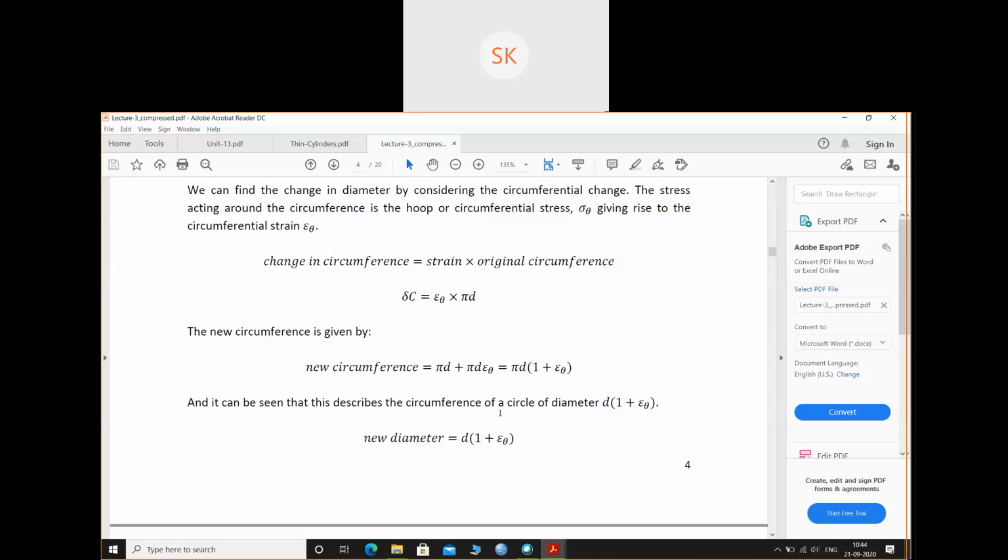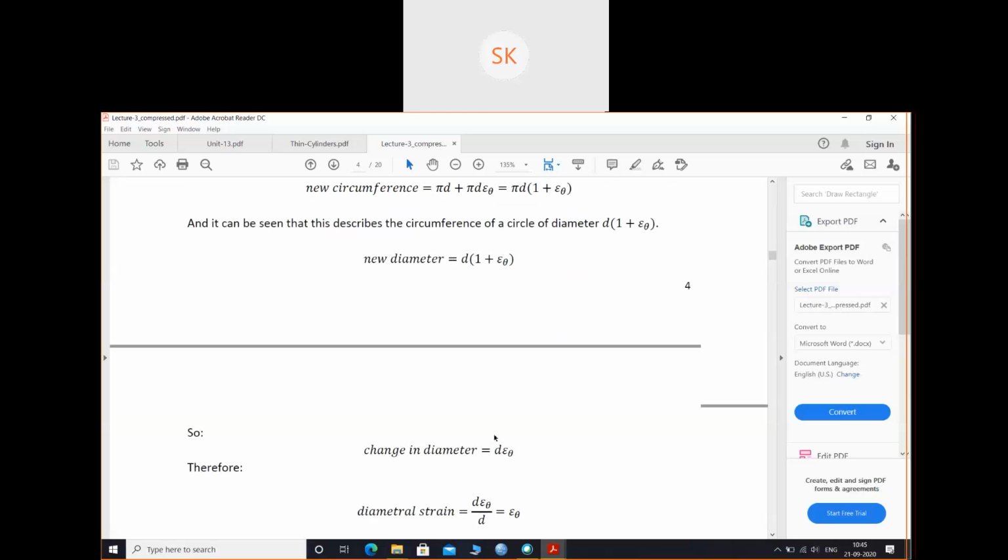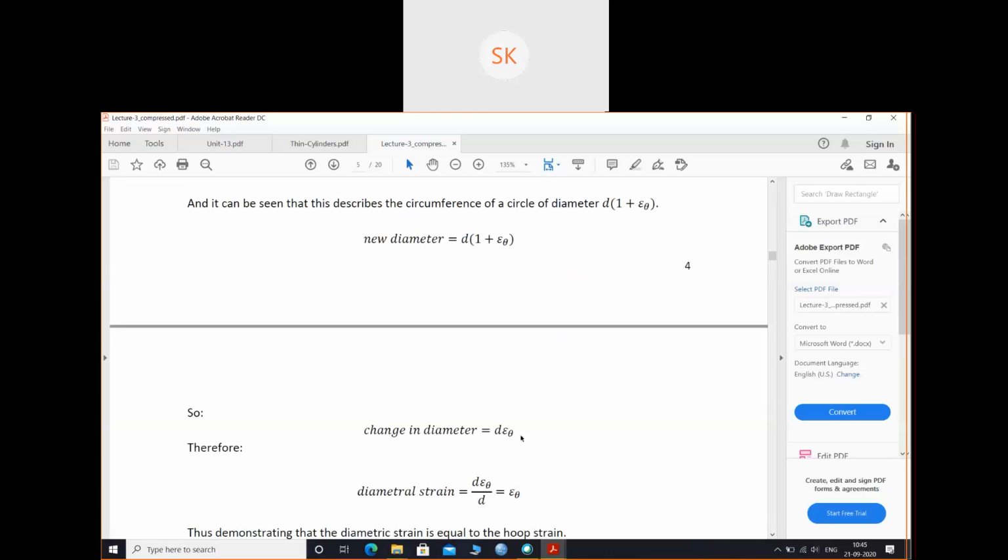This describes the circumference of a circle of diameter d (1 plus epsilon theta), which is the new diameter. The change in diameter is d epsilon theta, and the new diameter is d (1 plus epsilon theta).